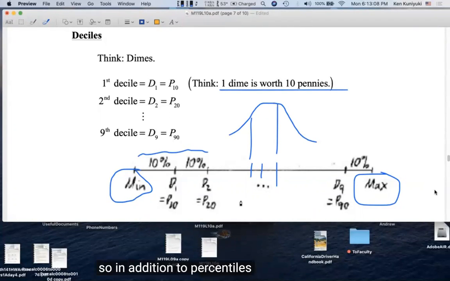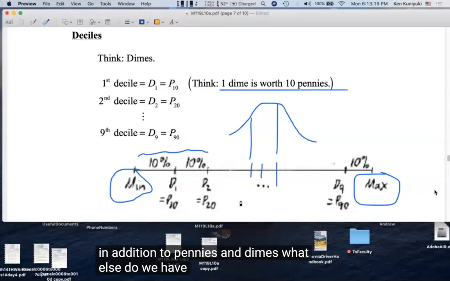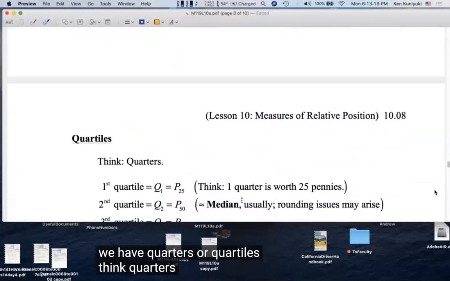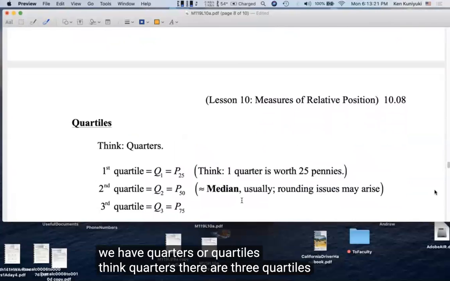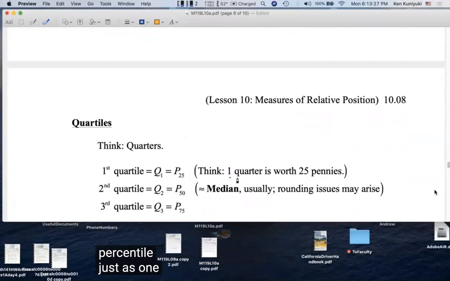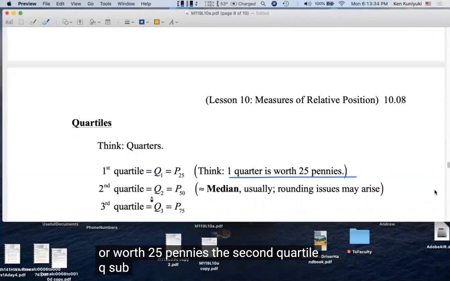So in addition to percentiles and deciles, in addition to pennies and dimes, what else do we have? We have quarters or quartiles. Think quarters. There are 3 quartiles. The first quartile, Q sub 1, is the 25th percentile, just as 1 quarter is 25 cents, or worth 25 pennies. The second quartile, Q sub 2, is the 50th percentile.